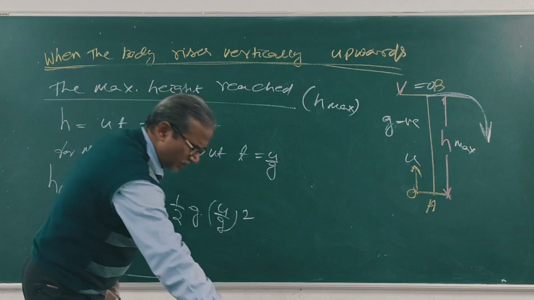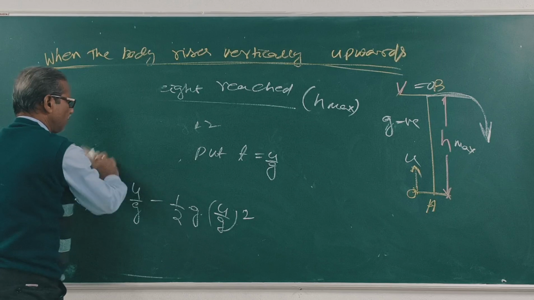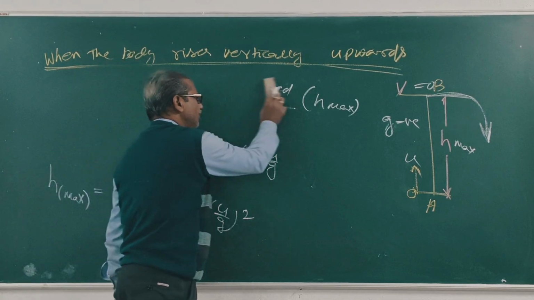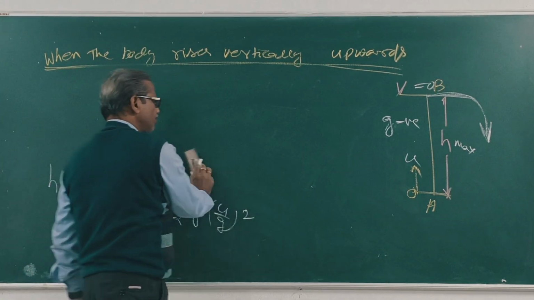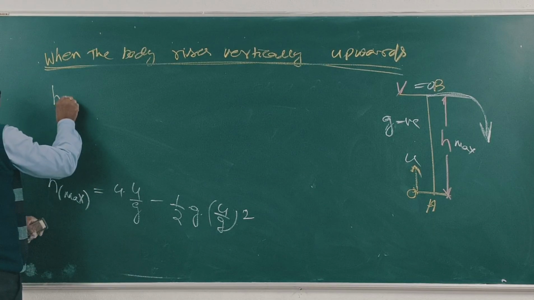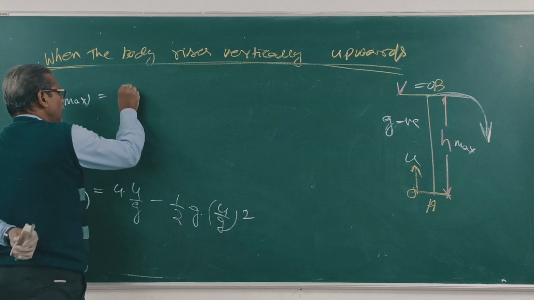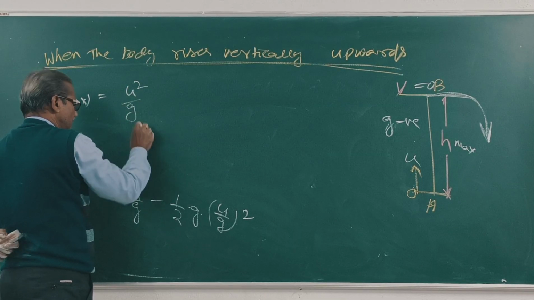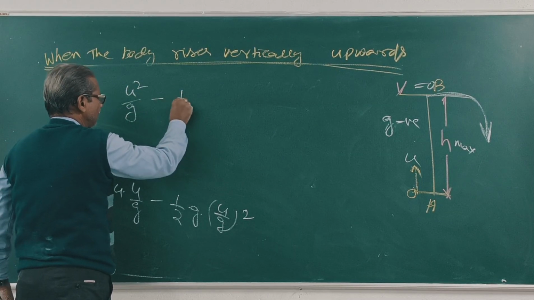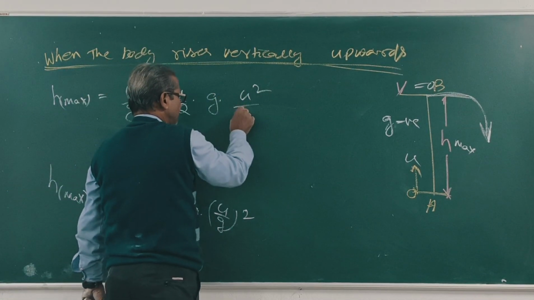Now h max is equal to u square by g minus half g into u square by g square.